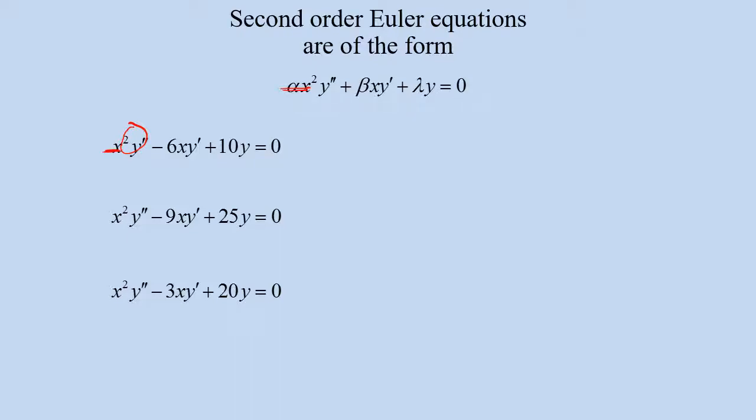The coefficient of the first derivative is something x, and the coefficient of the function y is just a constant. So these are what Euler equations are.